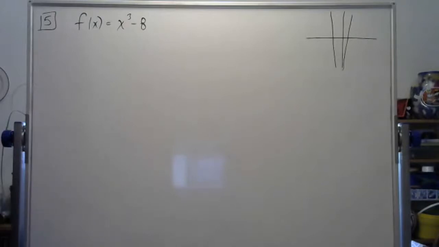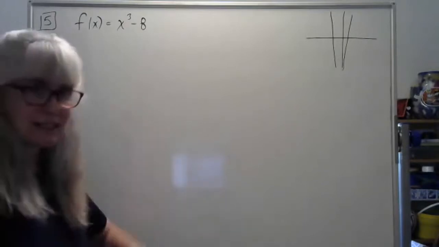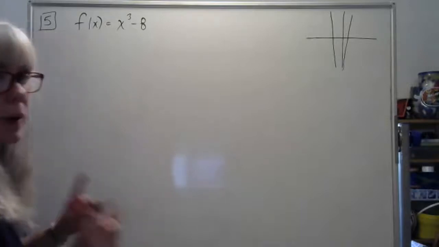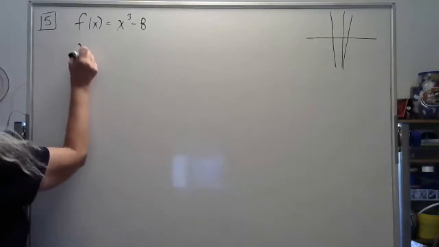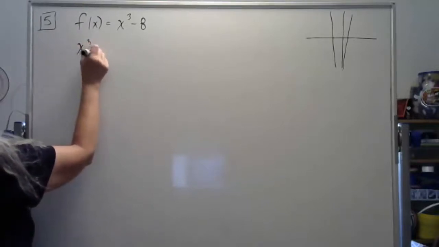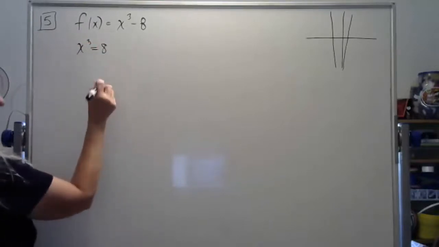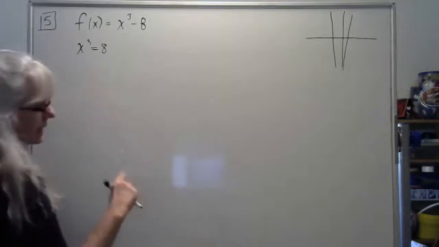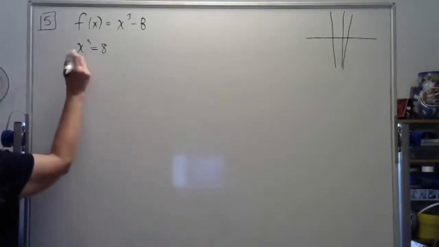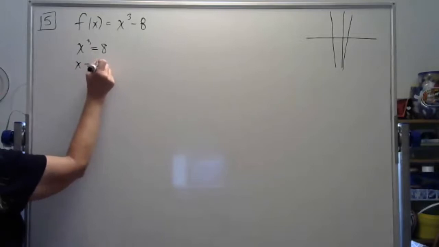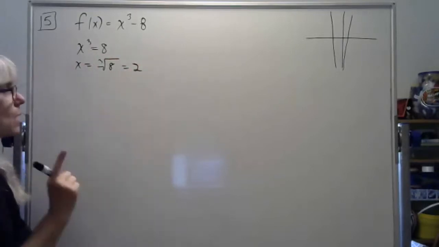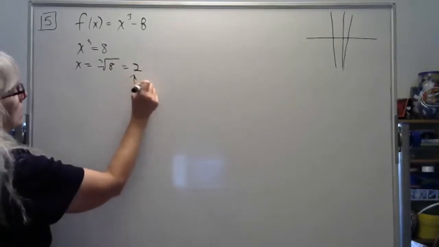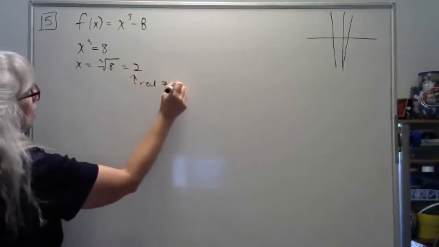Okay, so prior to this section, what you probably would have done, and we're going to use it because it's nice and quick, is you probably would have said x cubed equals 8, or x cubed minus 8 equals 0, sorry. And then you would have cube rooted both sides. So the cube root of 8 is 2. That works, but that's only going to give you the real 0.